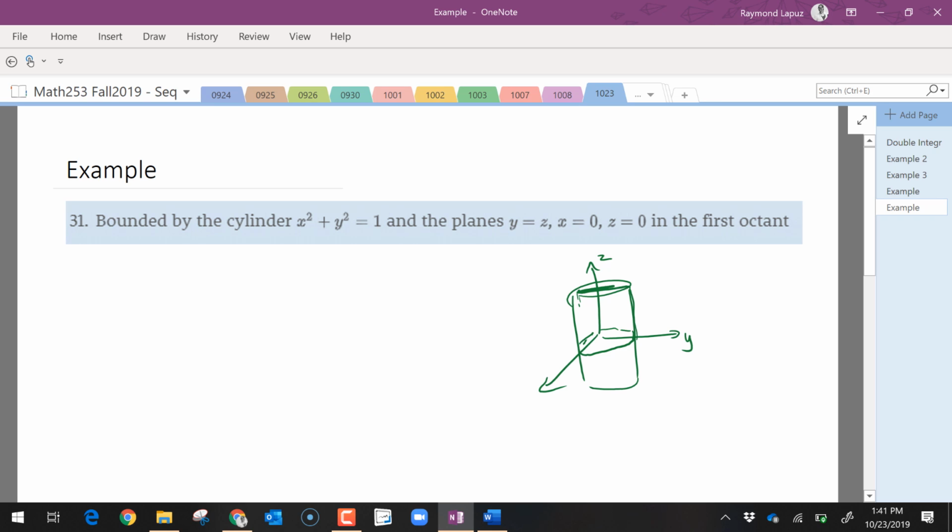And y is equal to z. So y is equal to z is a line on the yz plane that sweeps over and does that. Wow. Can you picture it? It's in the first octant, so we're looking at just the positive part.